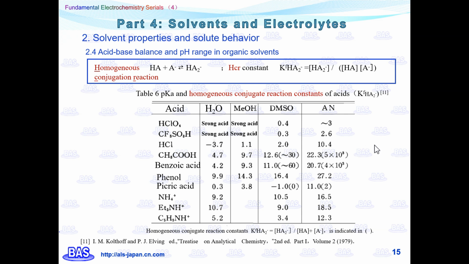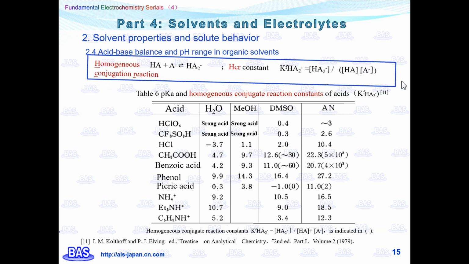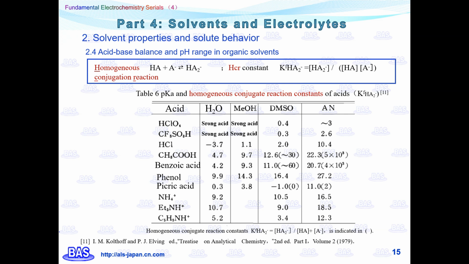For HA-type acids, in addition to dissociation reactions, a homogeneous conjugation reaction can also occur. Table 6 shows the pKa of the acid in some solvents, as well as the homogeneous conjugation reaction constants indicated in parentheses. Water has relatively strong donor and acceptor properties and a large relative permittivity, making it a solvent that readily dissociates acids.